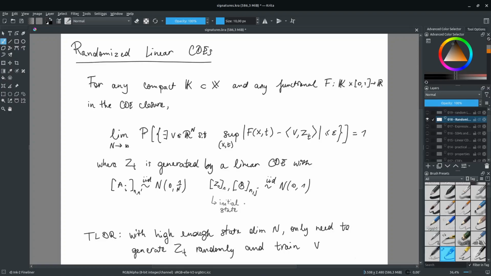It turns out that with high probability you'll be able to approximate f with these simply by taking an inner product with some vector v. That's sort of what it says.